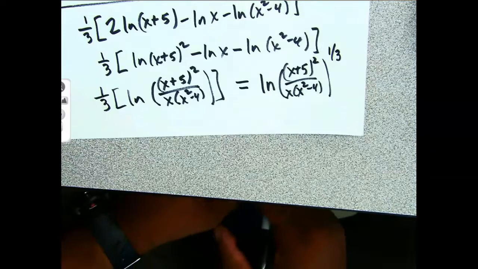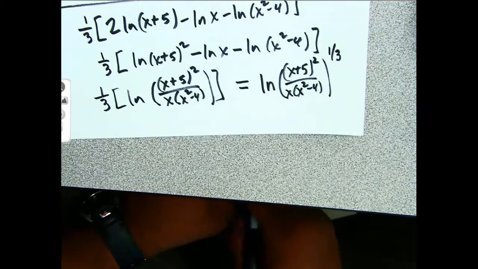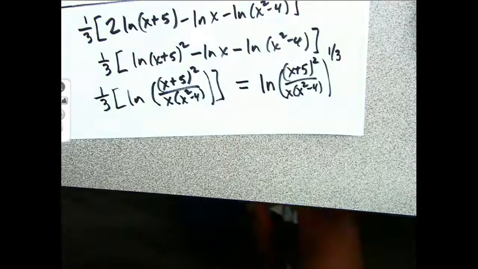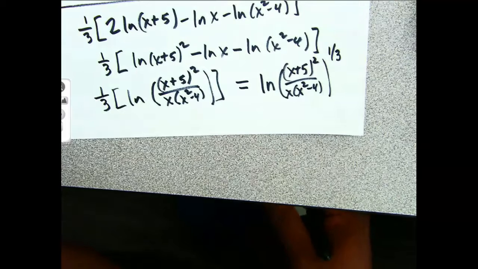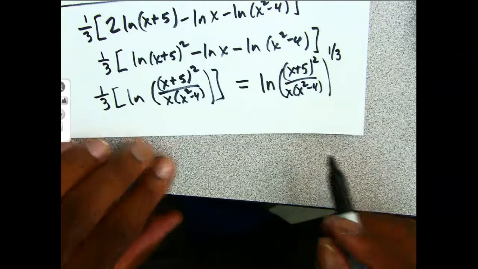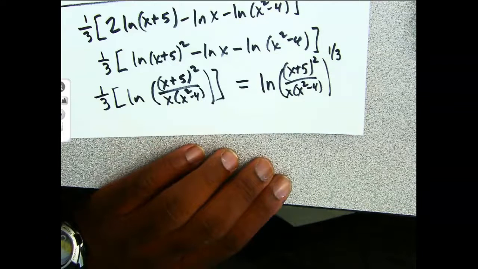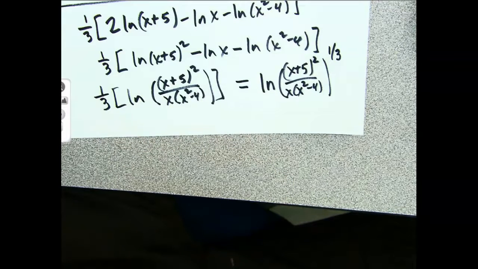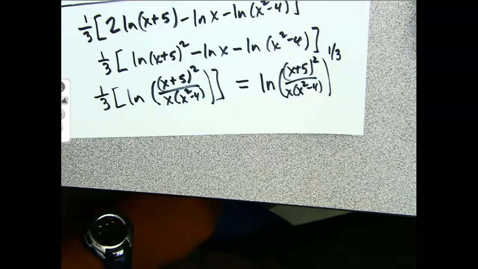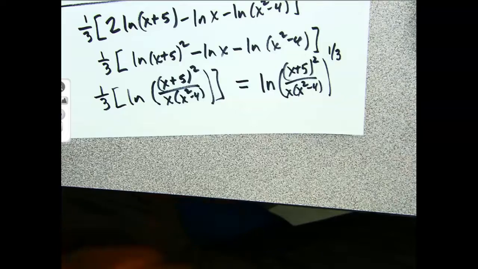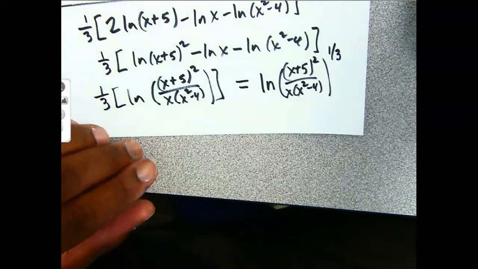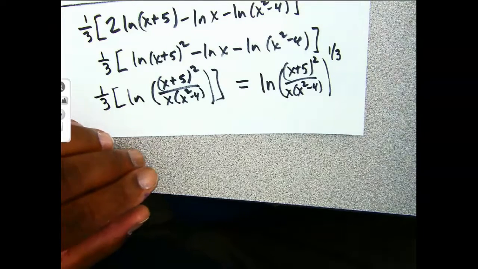What happens if in the beginning we distribute it? Wait, hold on one second. Go ahead. Oh, you mean, can you just write it as a square root? Like the cube root? Yeah. So I think the question is, what's acceptable in the final answer?